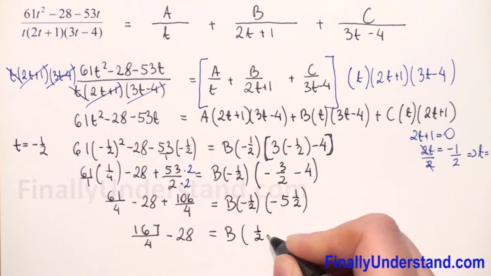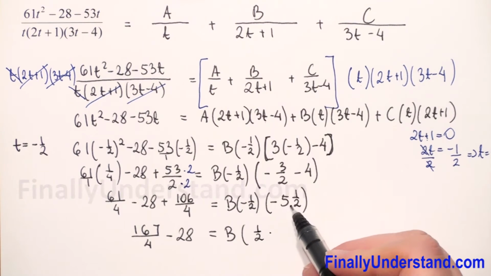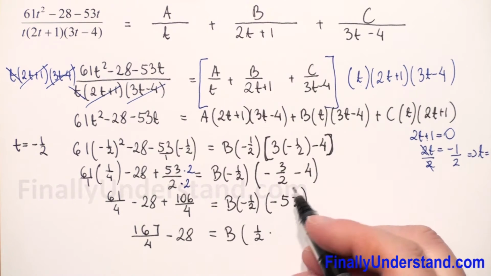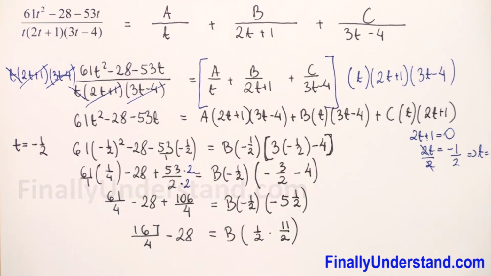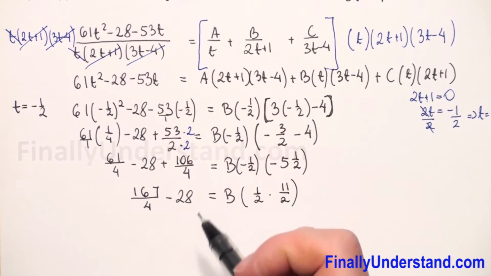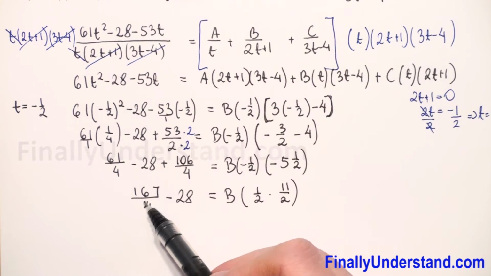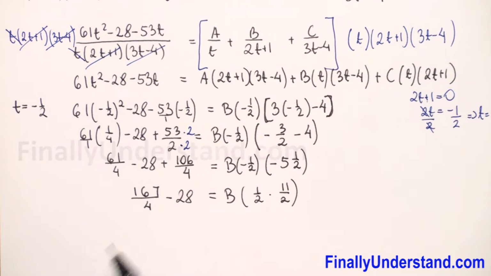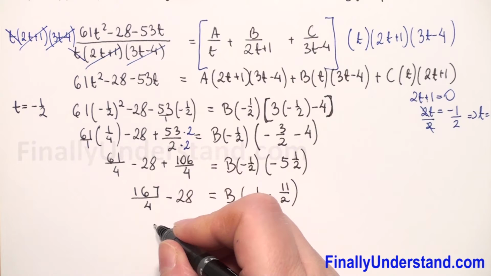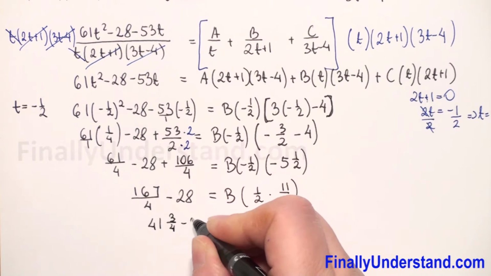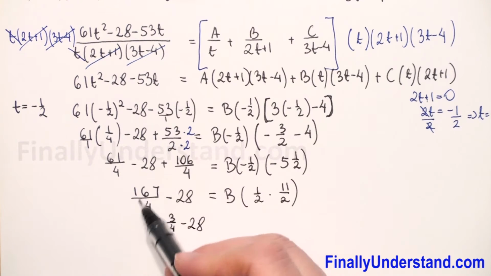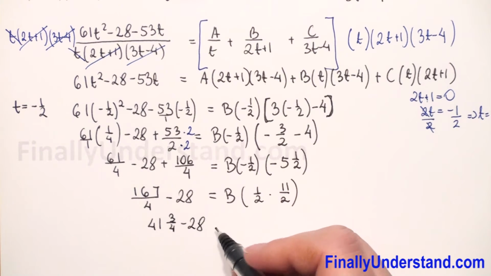We have 1/2 times, and I will change 5 and 1/2 to fraction also. So it will be 5 times 2 is 10 plus 1 is 11 over 2. And now we have 167 over 4. This is 41 and 3 over 4 minus 28. I just change improper fraction to mixed number.